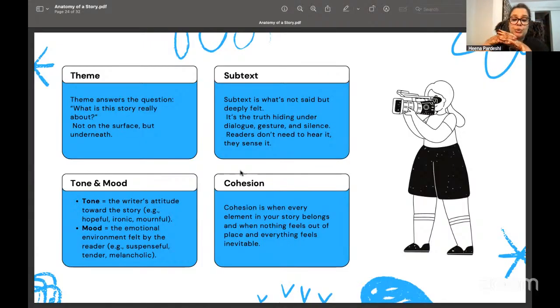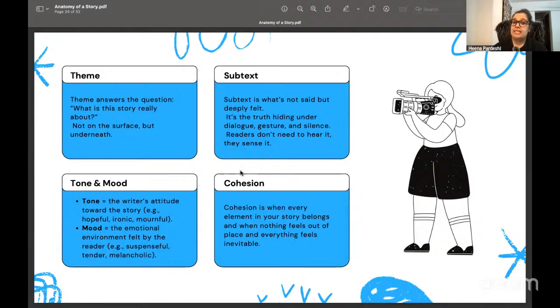Sometimes you might have watched a movie or read a book, but you weren't able to put into words why you didn't like it. If that has ever happened to you, then the story was lacking cohesion. To make sure that your story is cohesive, you need to ask yourself three questions.